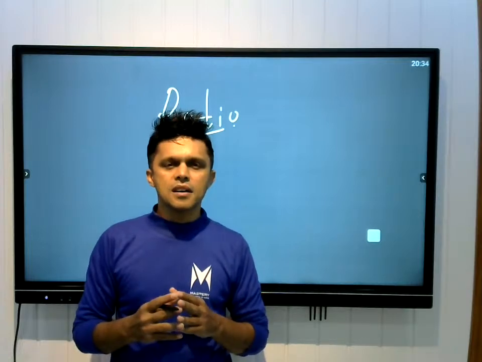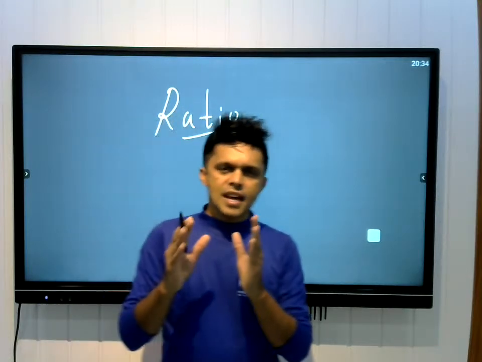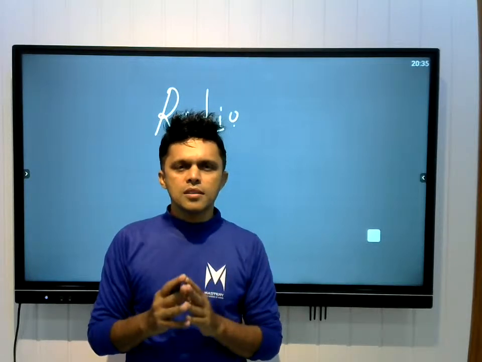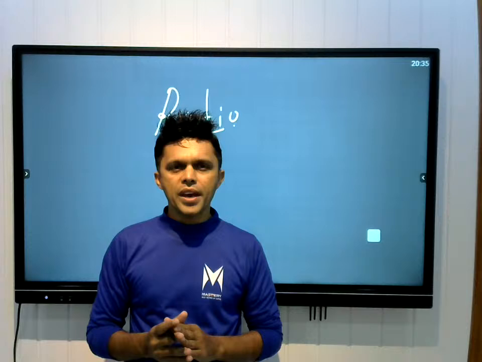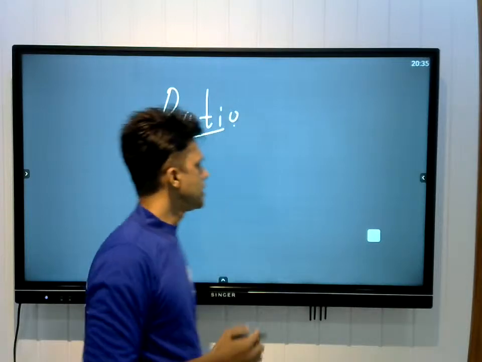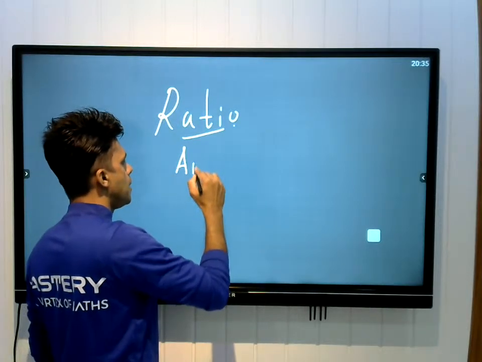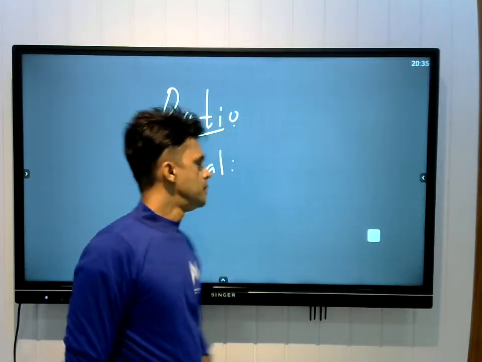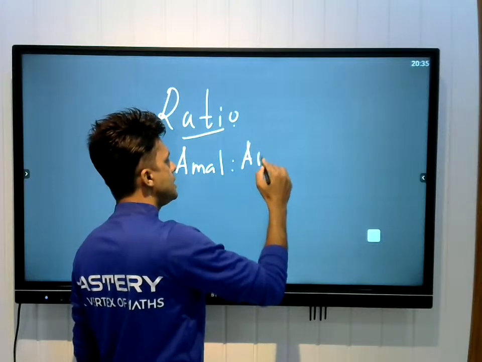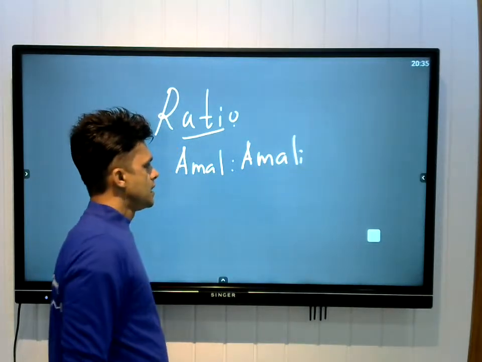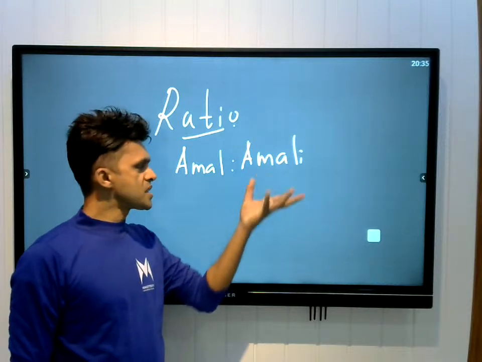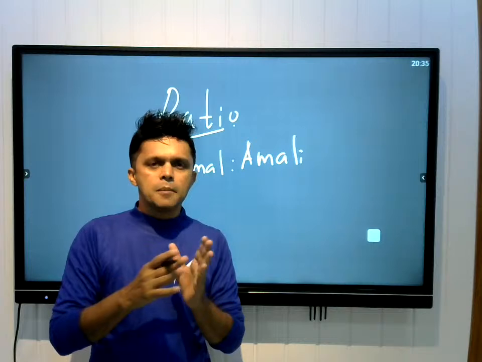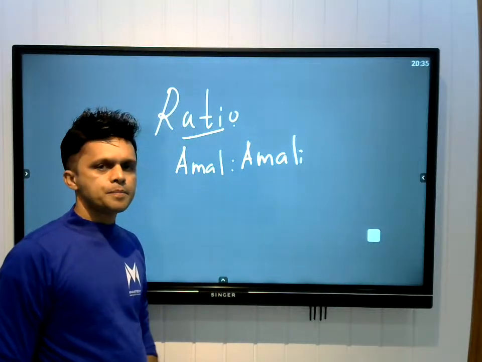Your father brings mangoes. Then the mangoes are divided between you and your brother or sister. Let's assume that your brother's name is Amal and your sister's name is Amali. The mangoes are divided between Amal and Amali.